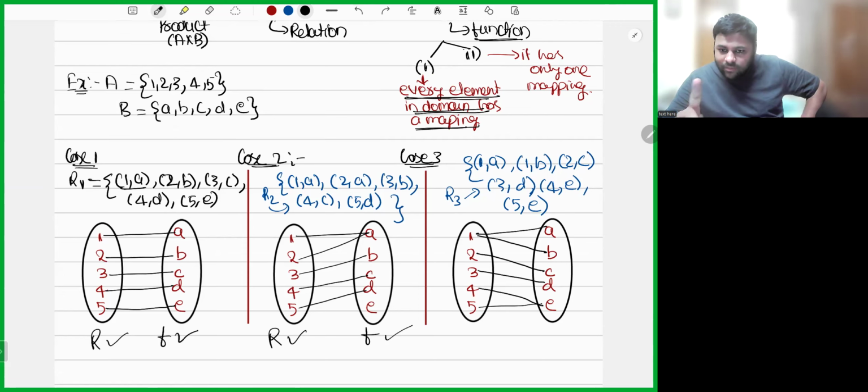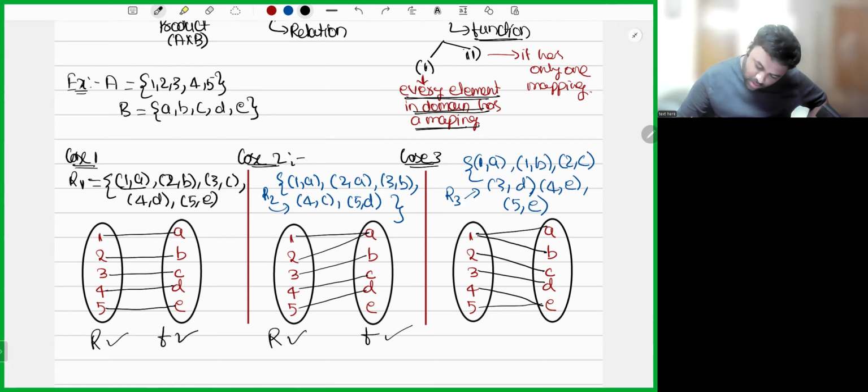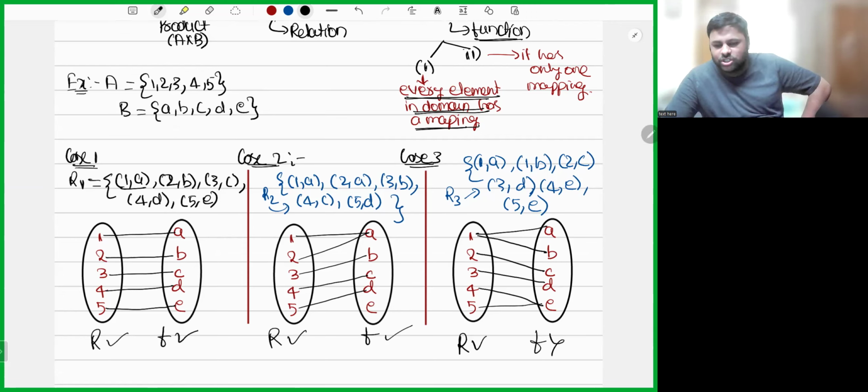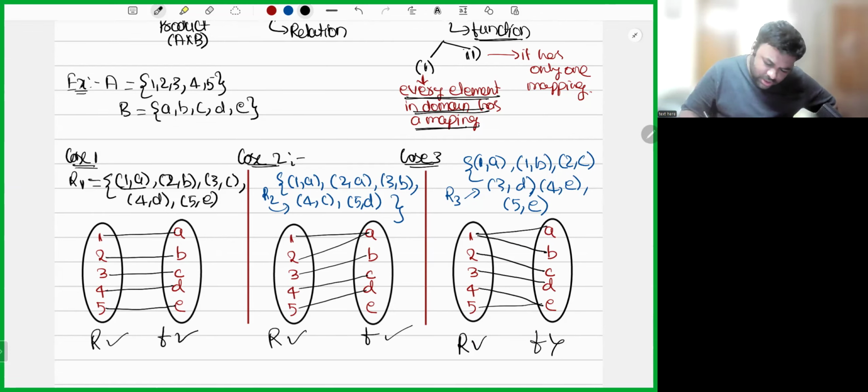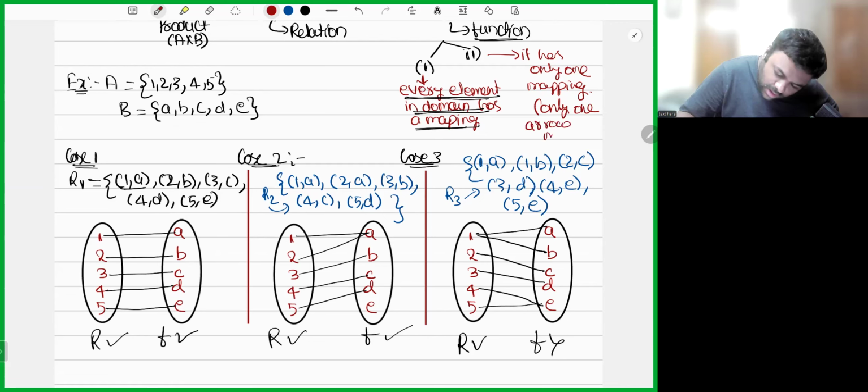But here, 1 is having two mappings. 1 is mapping with A, 1 is mapping with B. So, yes, it is a relation, but unfortunately, it is not a function. Okay, simple, my dear friends. Understand, every element should have a mapping and only one arrow must pass.